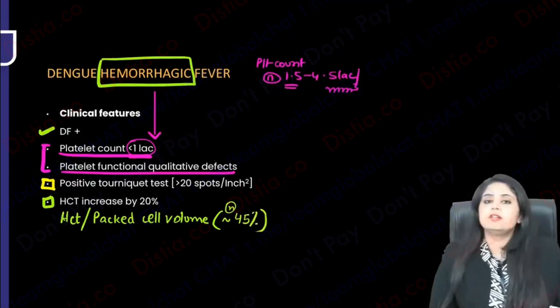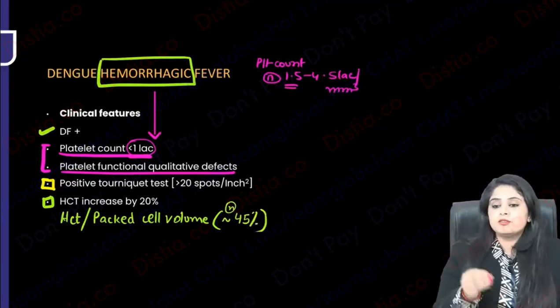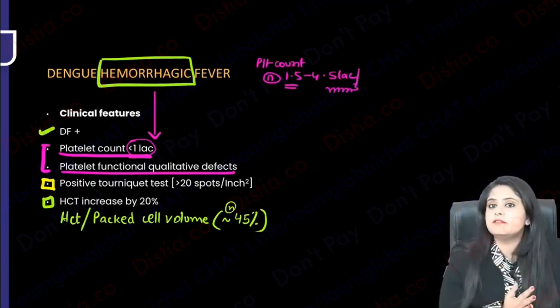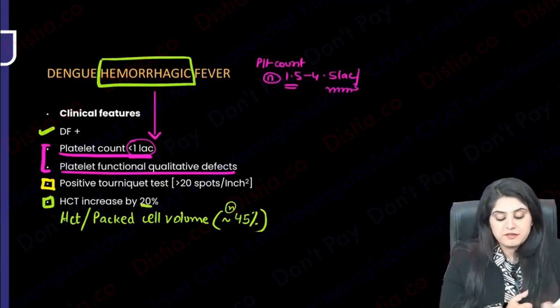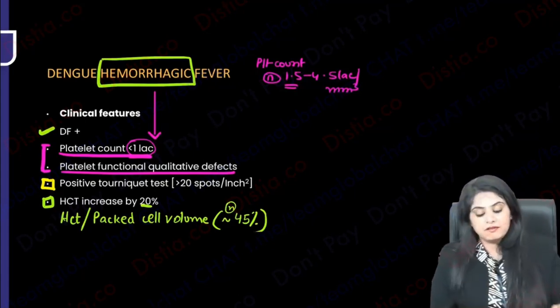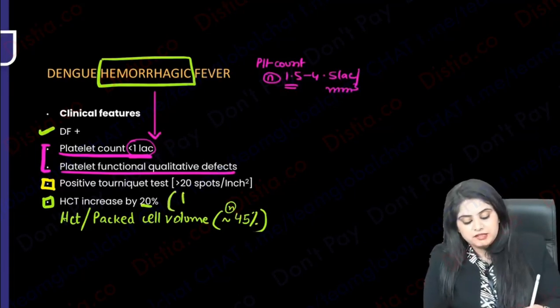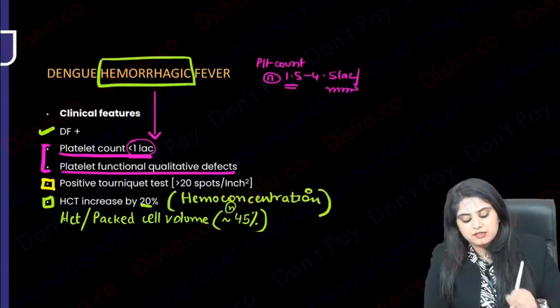So between 35 to 45% you can say. So for example, someone had a hematocrit of 35% to begin with. That female had a hematocrit of 35%. Now she's having a hematocrit of 55%. So the hematocrit has increased. Why is that happening? Why? So please remember, this is an evidence of hemoconcentration that is happening.